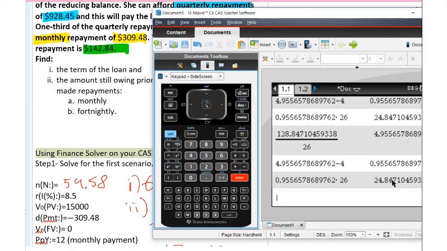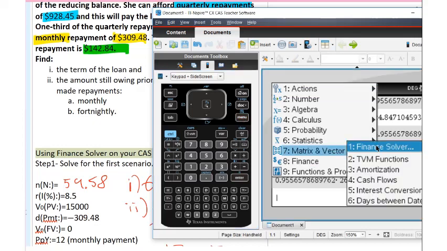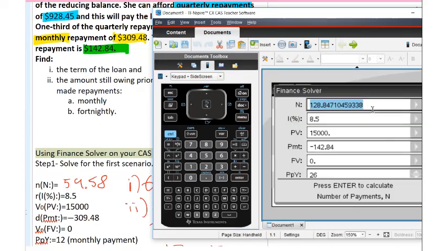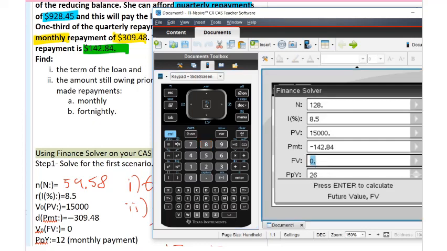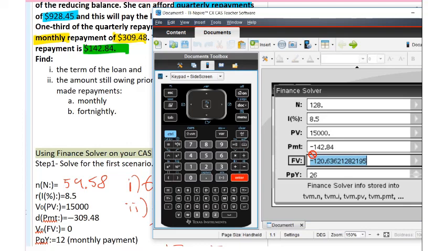So I go back to menu, finance, finance solver. This becomes 128, and 8.5 is the same. What am I after? I'm after the final value. I go enter, and I've got 120.